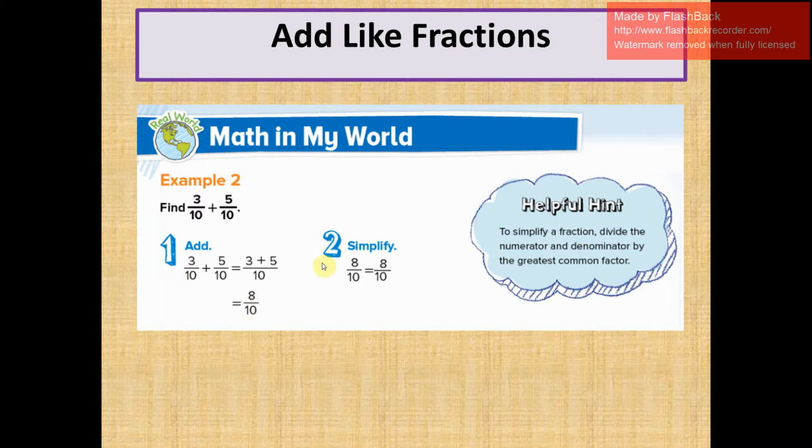The next step, you have to simplify your answer. You have to reduce your answer by dividing numerator and denominator by the greatest common factor. The greatest common factor in this example is 2. So you have to divide both numerator and denominator by 2. And the sum will be 4 over 5.